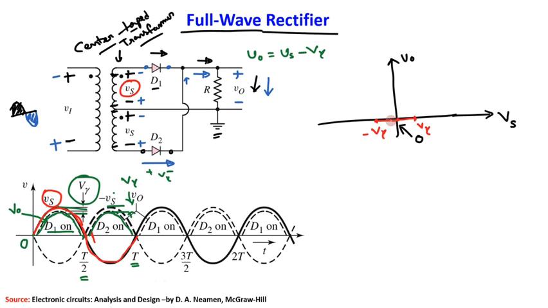Then after that it will be the same phenomenon, right? That means with increasing Vs, the output will increase linearly, like this.